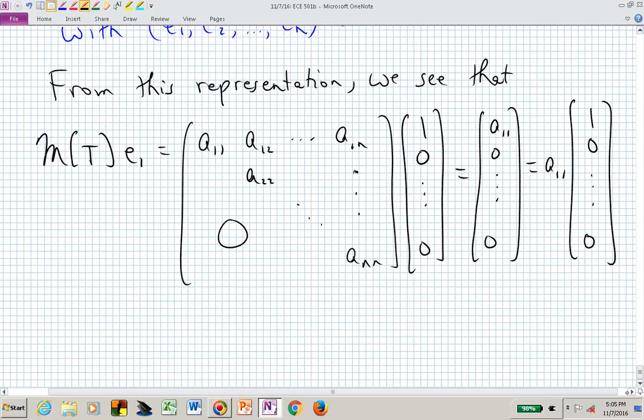And what have we concluded then for that particular choice of E sub 1? What do we call such a vector E sub 1? What happens when we hit that E1 with this matrix representation of T? Where do we move? Really nowhere.